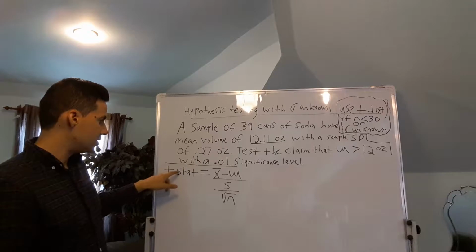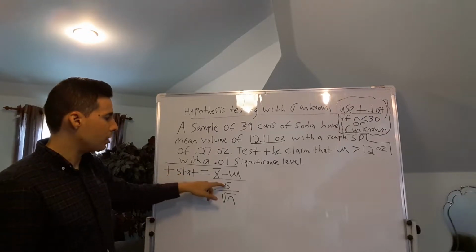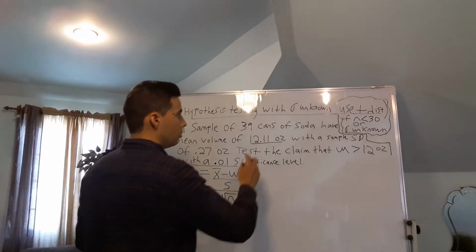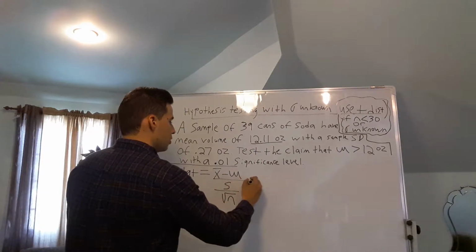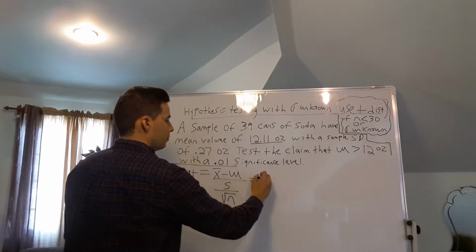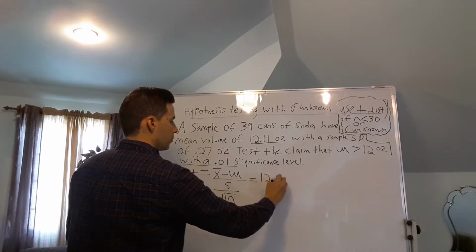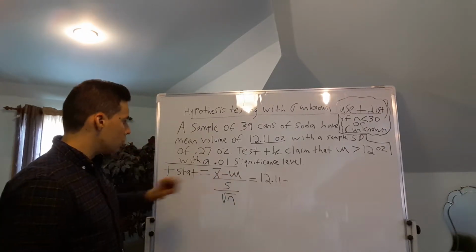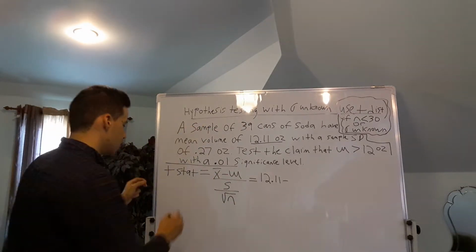Normally in the z statistic, this would be the population standard deviation, which is unknown in this problem. So x bar is the average, 12.11, minus the mean.